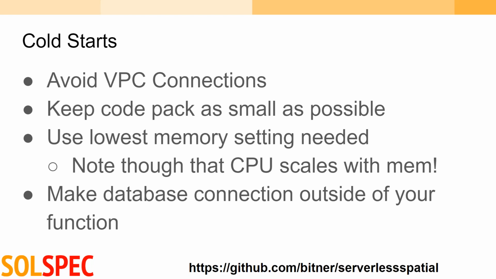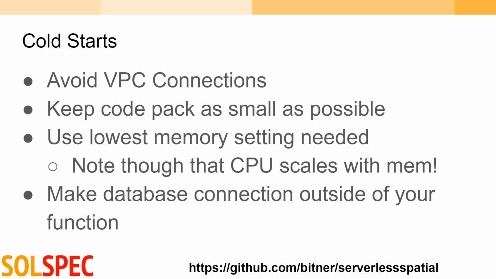Use smaller layers. When you are using a layer, that counts towards your 250. It's not just the code in your application. Use the lowest memory setting that you need. This will help with cold starts. But note that your CPU power scales with the memory settings when you are setting up the memory that an instance can take.